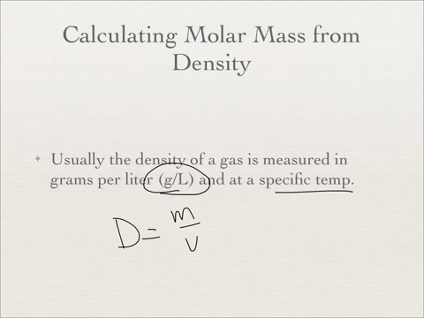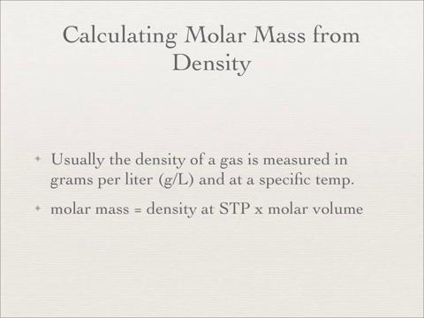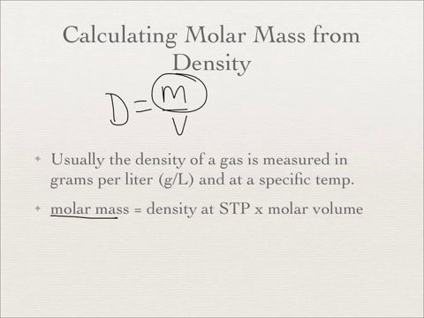Most times we'll do it at STP. In this chapter, everything will be STP. It says molar mass equals density times molar volume. Well, density equals mass over volume, so mass is going to equal density times volume. That's all that sentence says. We just solve for M.